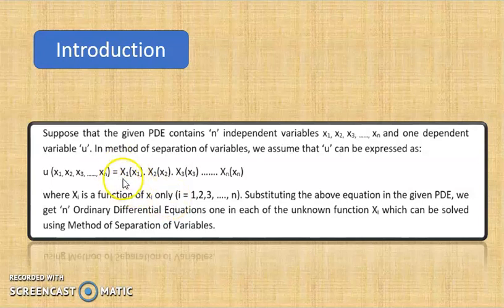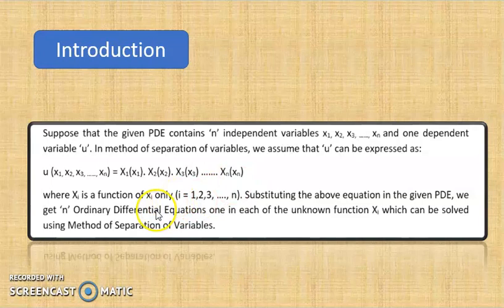That is, capital X1 is a function of the independent variable small x1 and capital X2 is a function of the independent variable small x2 etc. Capital Xn is a function of the independent variable small xn.